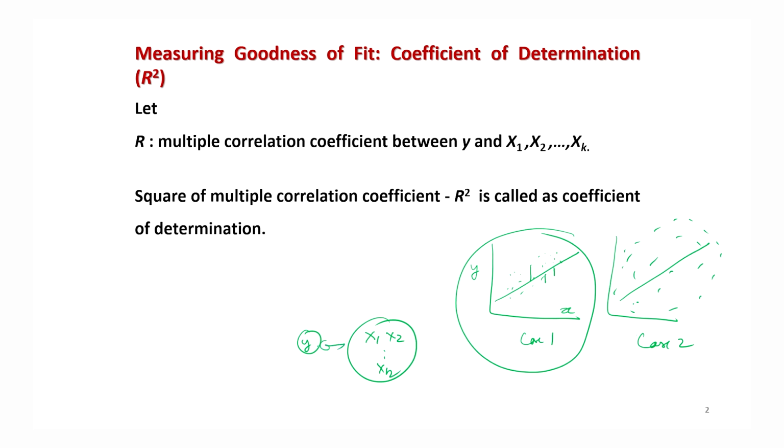This is achieved by the concept of the multiple correlation coefficient, right. So let R be the multiple correlation coefficient between y and the group of variables x1, x2, ..., xk. If you find the square of this multiple correlation coefficient, it is indicated by R square, and this is popularly called the coefficient of determination, right.